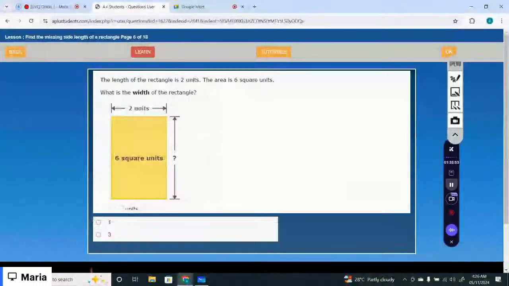The length of the rectangle is 2 units. The area is 6 square units. What is the width of the rectangle? So which is the correct option?